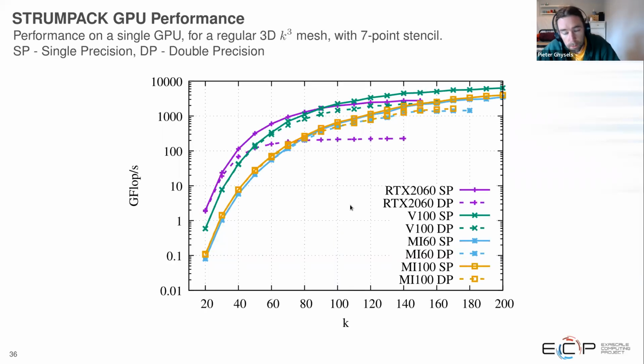I already also showed this GPU result on a single GPU for a 3D mesh. We get quite good performance for larger problems, up to 7 teraflops here. But you can also see the performance drops off for smaller problems, so there is some overhead of offloading work to the GPU.